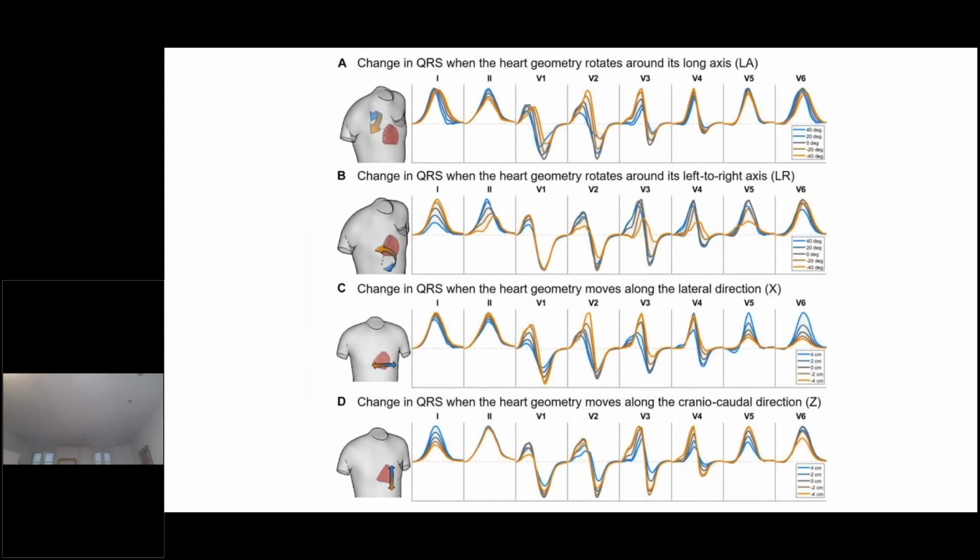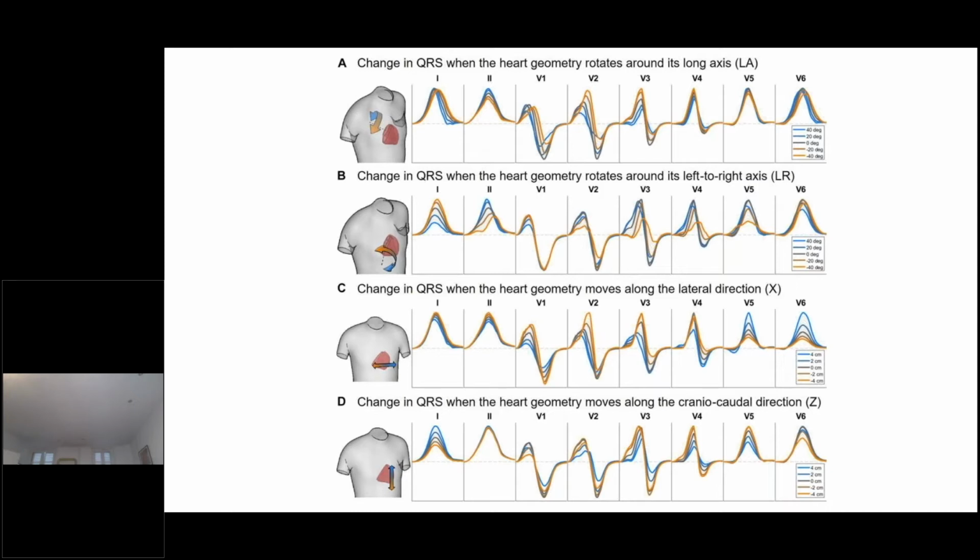Here are some of these conclusions that we have reached. What happens when the heart geometry rotates around the long axis, the left to right axis, what happens when it moves in the lateral direction, what happens when it moves along the craniocaudal direction. And we can get, again, this kind of qualitative description of these changes.